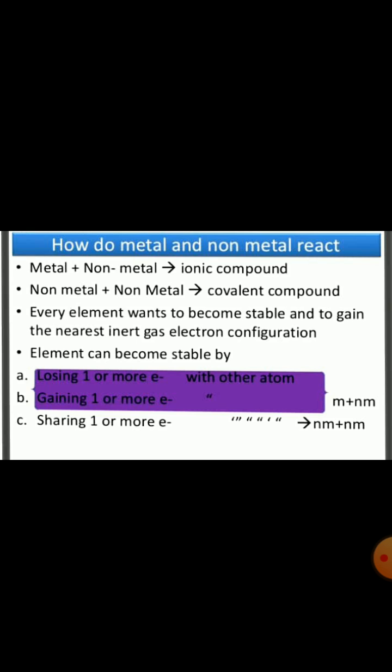Those elements which lose electrons are called metals, and those which gain electrons are called non-metals. So in this way, metal and non-metal combine together by the complete transfer of electrons.